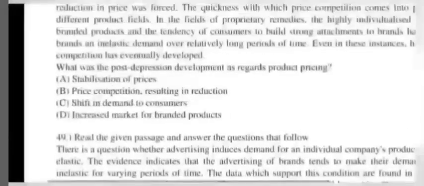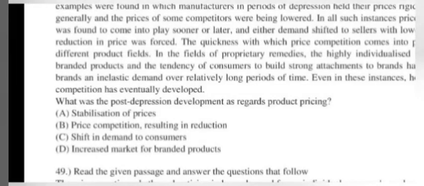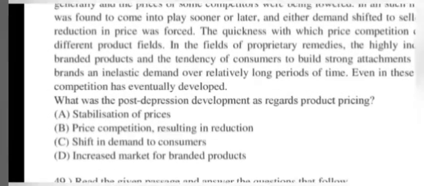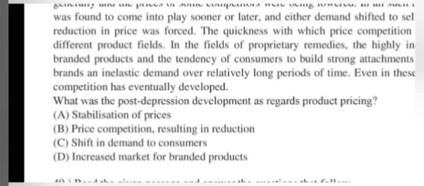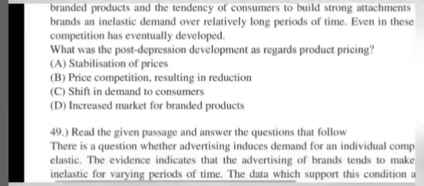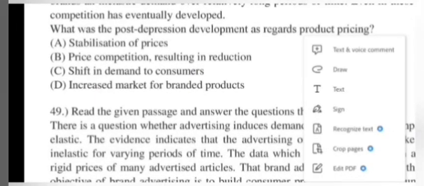Next is saying, what was the post-depression development as regards product pricing? Stabilization of prices, price competition resulting in reduction, shift in demand to consumers, increased market for branded products. It will be number D, increased market for branded products.